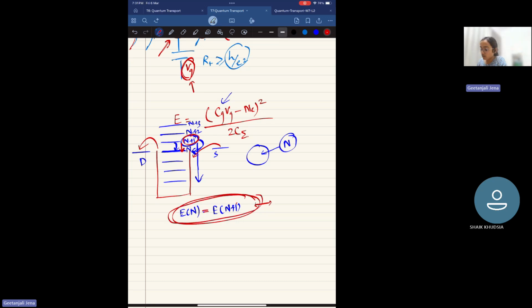It is possible for the electron to occupy this n plus 1 state, because the energy of the n plus 1 state is lowered by means of this gate voltage. Okay. This is in brief what the gate voltage does to this energy level.